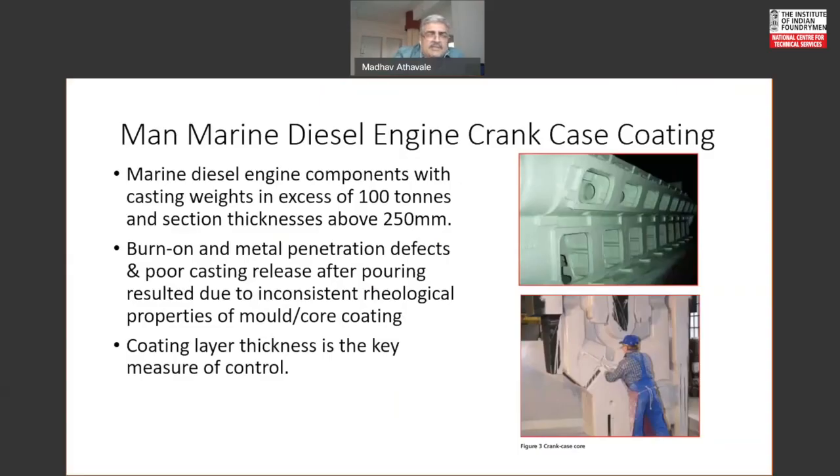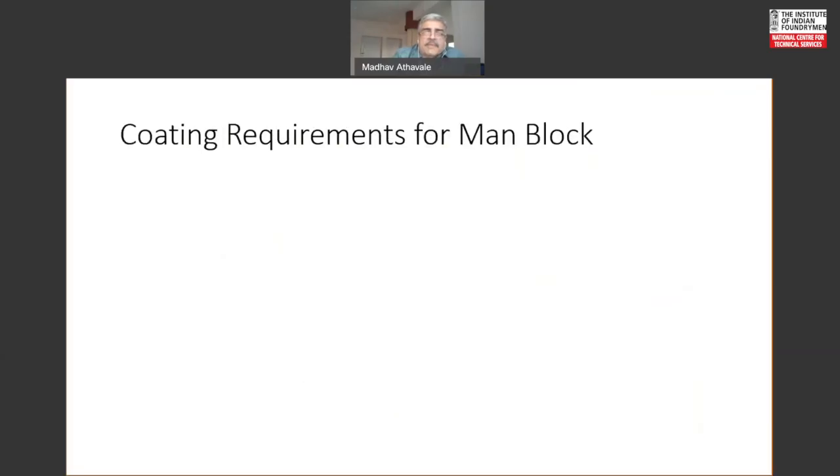Now, in such cases, coating layer thickness is the key control measure. As the case study says, this particular manufacturer and the supplier, Pro-Seco, worked as a team to overcome the problems of burn-on and poor metal penetration that they were facing. Now, they defined the requirements.